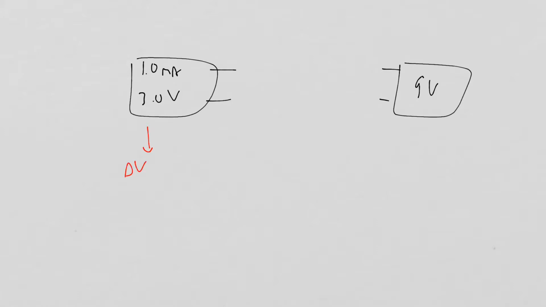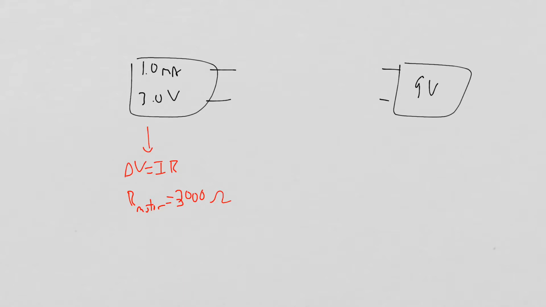So we can apply Ohm's law and find that the resistance of the motor to have a 3 volt potential difference across it when it's running with 1 milliamp of current through it must be 3,000 ohms. Okay?